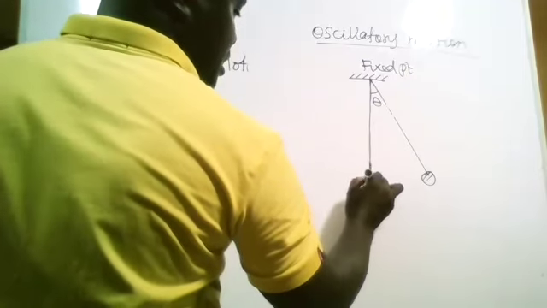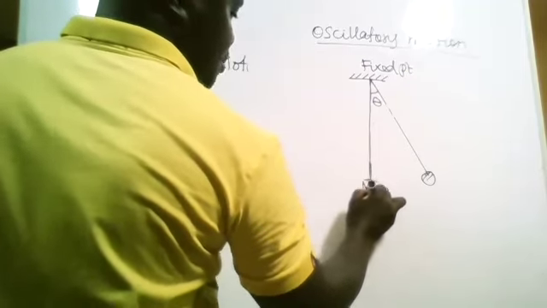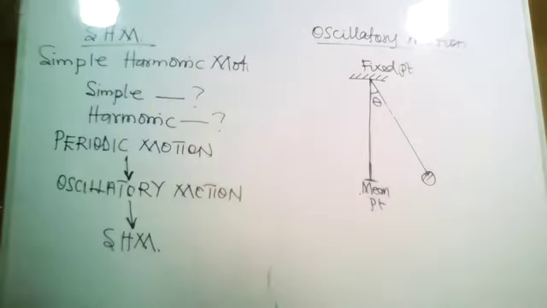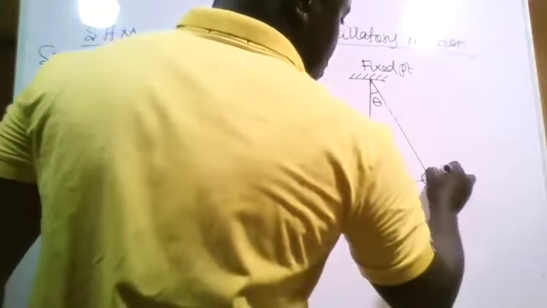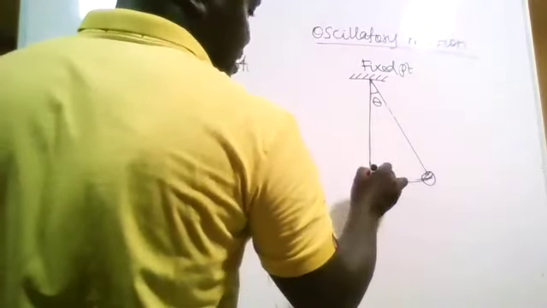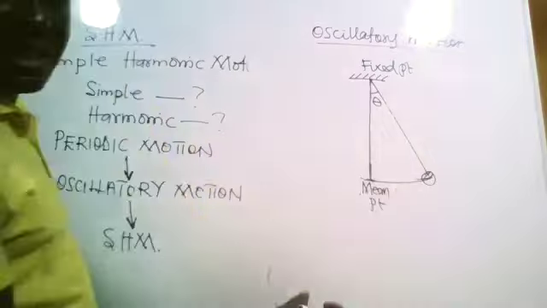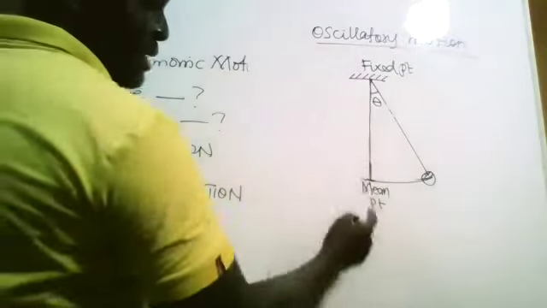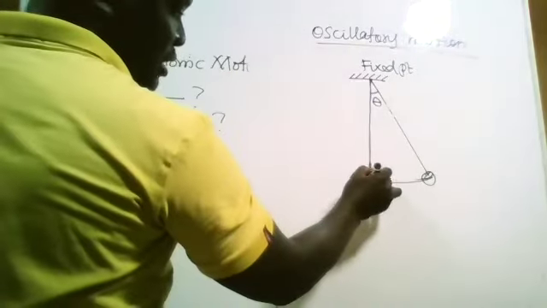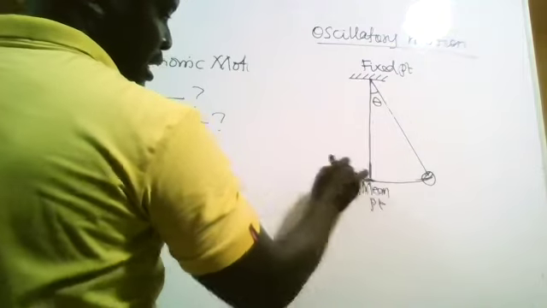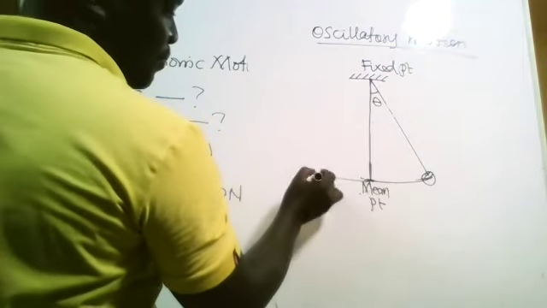So when you displace it, it moves from here to here, then from here to this place. Because it has momentum, mass times velocity, it crosses its mean point and then comes to the other extreme.